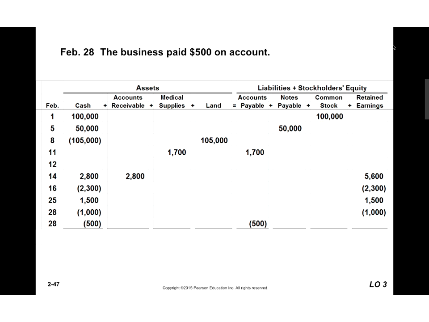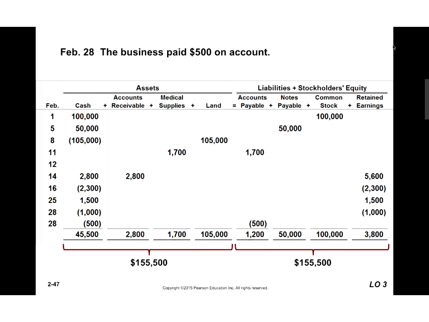Now, we've come to the end of our transactions, so what we're going to do is we're going to add up every column. And we will add the positive numbers and subtract the things that have parentheses around them. And I'm going to do it really fast here. Look at that. And so cash is $45,500.